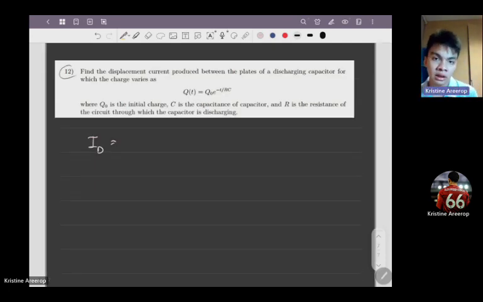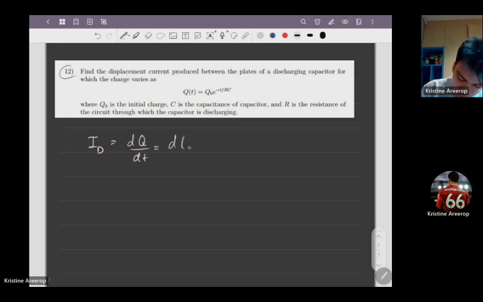But in this one, I am going to use dq by dt, the simple formula for the current when we have the charge as a function of t. I equals the differential of Q0 multiplied by e power negative t by RC, with respect to t.